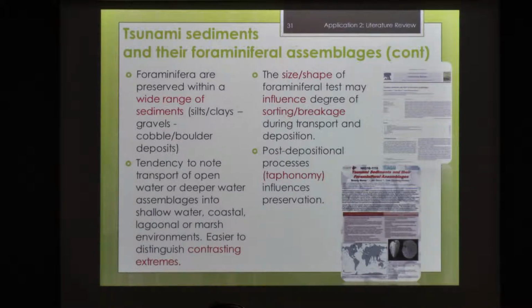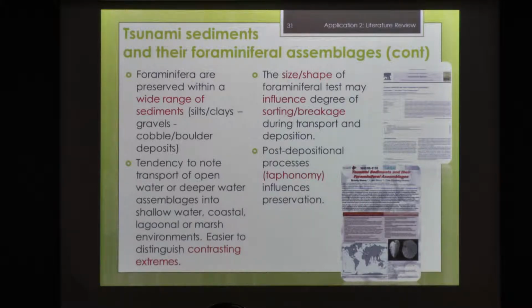There was a tendency to note the transport of open water sediments to a completely different depositional environment. People only wanted to talk about the types of forams in the tsunami deposit if there was a really obvious difference.